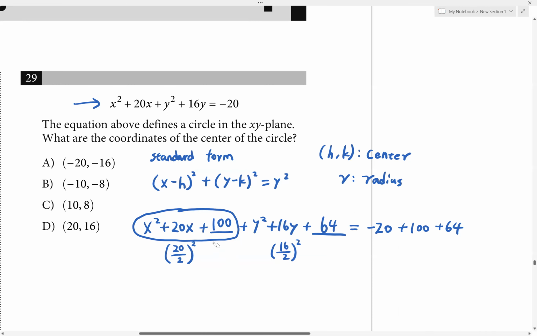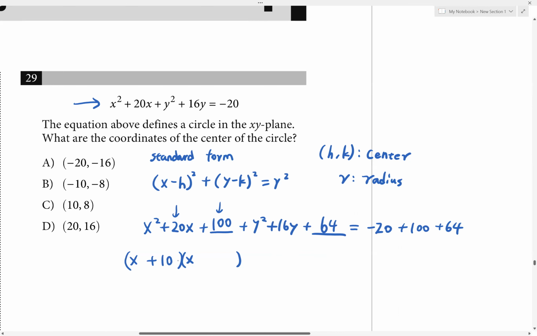Okay, so let me erase these for now. We factor this x^2 + 20x + 100. We can factor this as x and x, and you're looking for two numbers that multiply to be the last number, 100, and add to be the middle number. What two numbers multiply to be 100 and add to be 20?